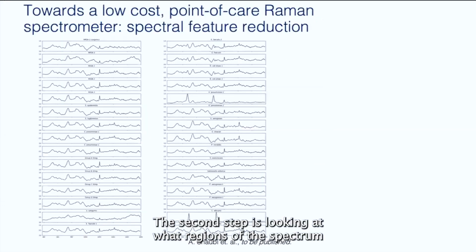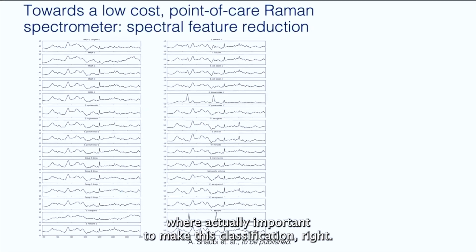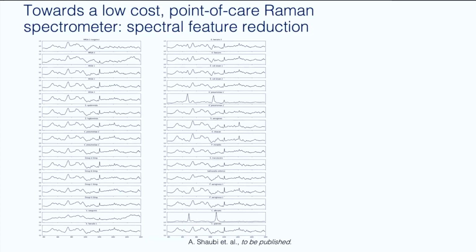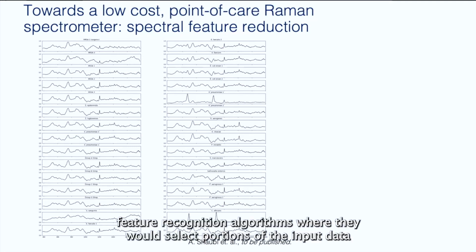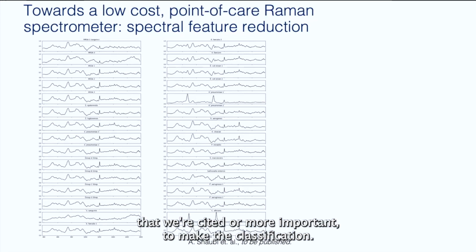The second step is looking at what regions of the spectra were actually important to make this classification. You can identify these by using what are called feature recognition algorithms, where they would select portions of the input data that were more important to make the classification.